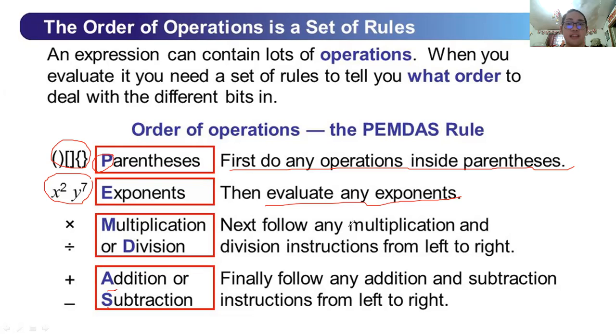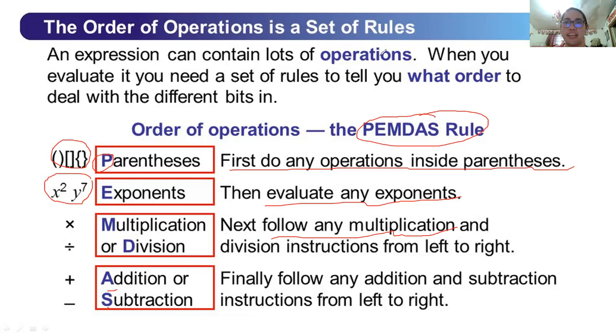Then follow any multiplication and division. If there is multiplication and division, you do the multiplication first, followed by the division. Always follow the order of the PEMDAS rule. Finally, follow any addition and subtraction from left to right. Please take note of left to right. I want you to remember that.